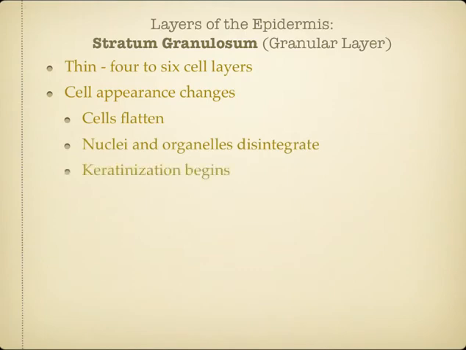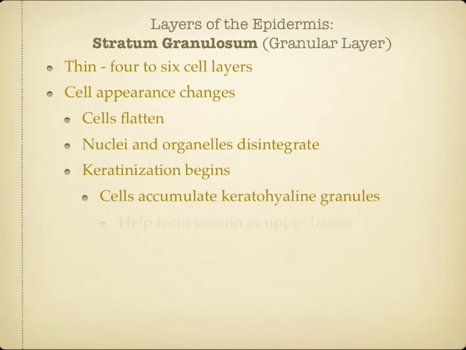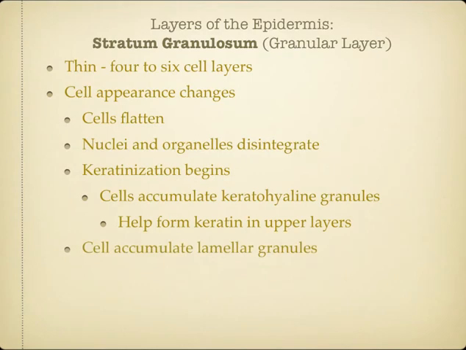A process known as keratinization begins as these cells begin to gather inside them granules of a molecule known as keratohyalin. This is a precursor molecule to a molecule that will appear in upper layers known as keratin. And in addition, these cells accumulate lamellar granules.